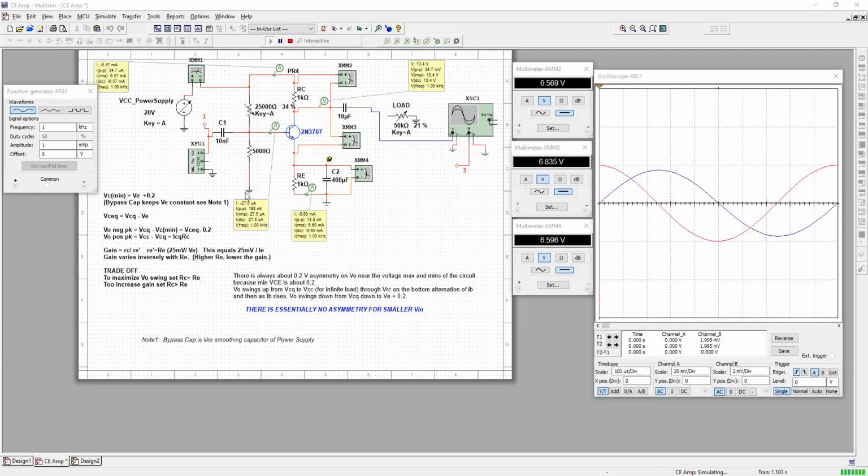It will shift it further so that it looks more like the pure 180-degree phase shift of my transistor amplifier by itself. So we'll just review that point right now.